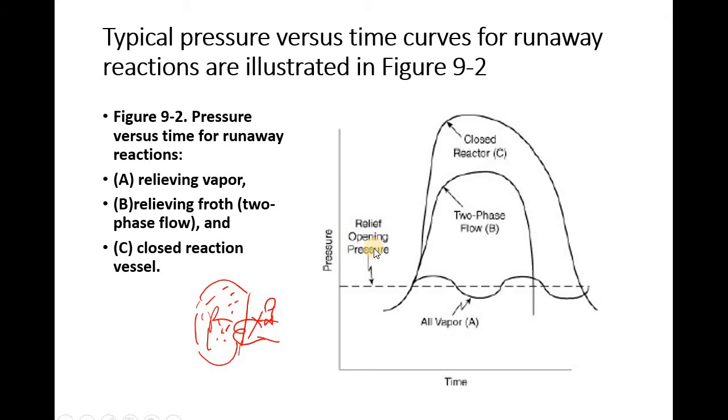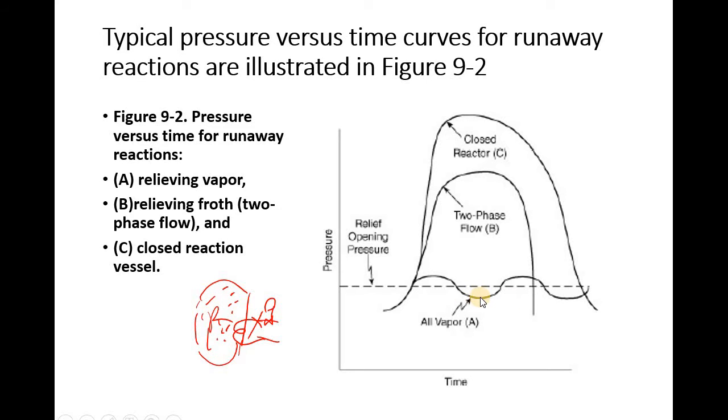So that is the relief opening pressure. At this time, my relief valve opened. The pressure was still going out, which is high, but with the relief, it went down.